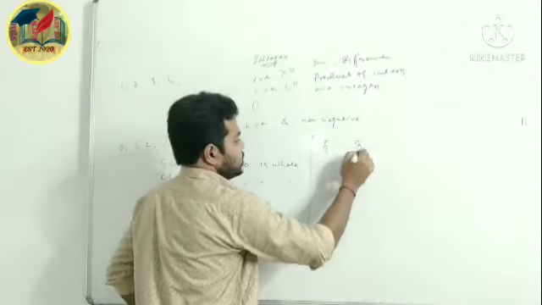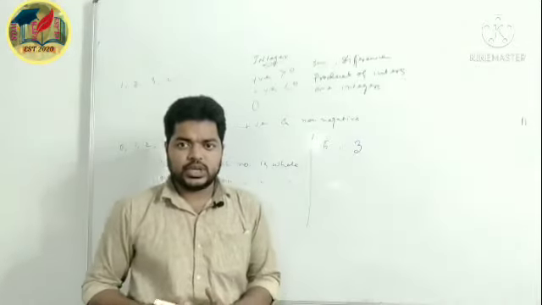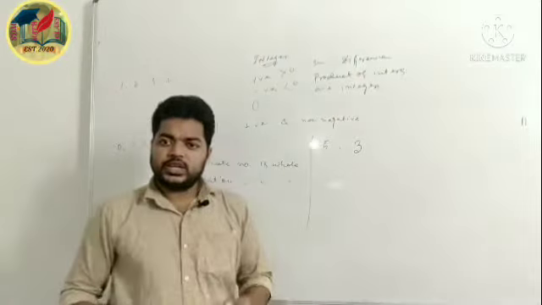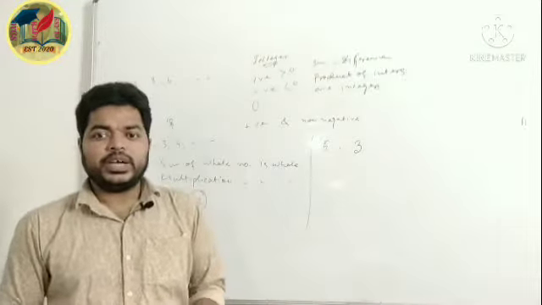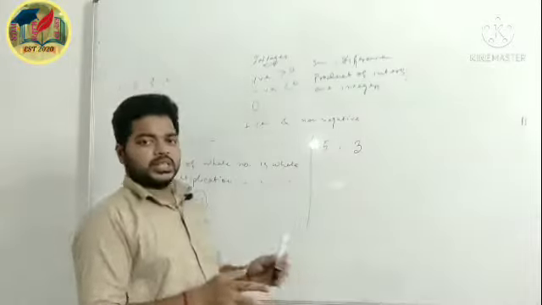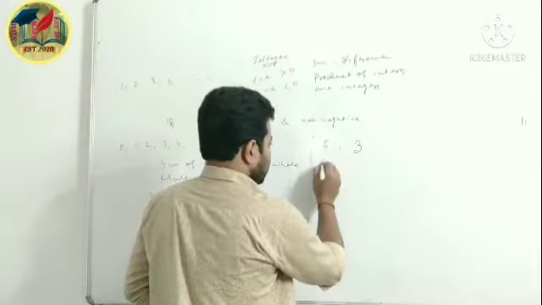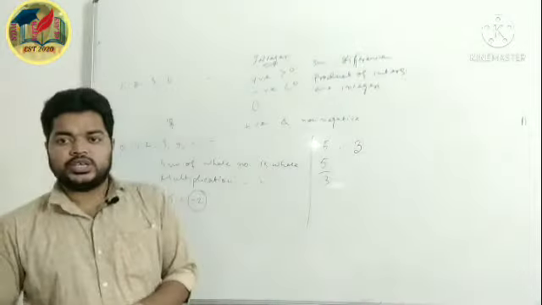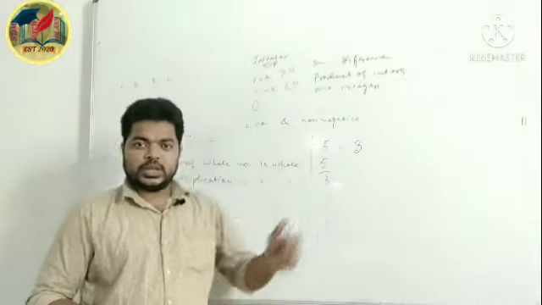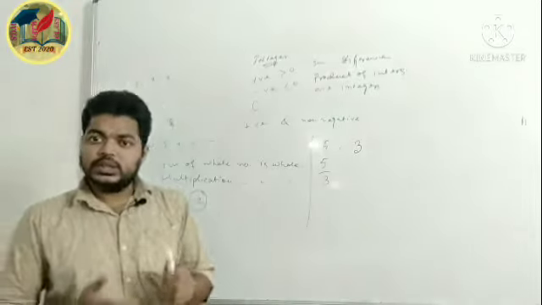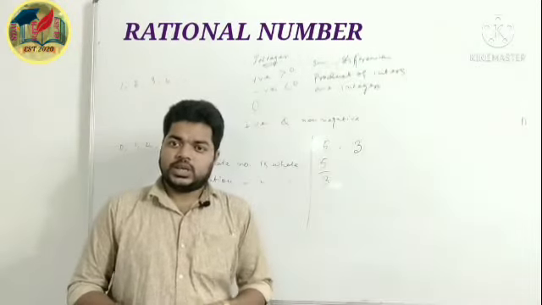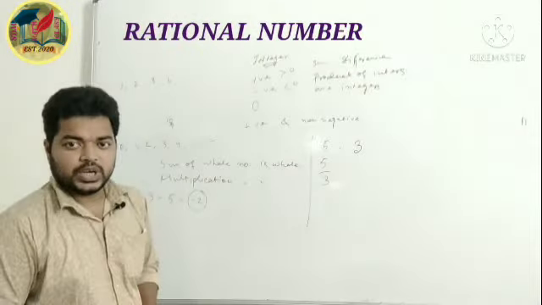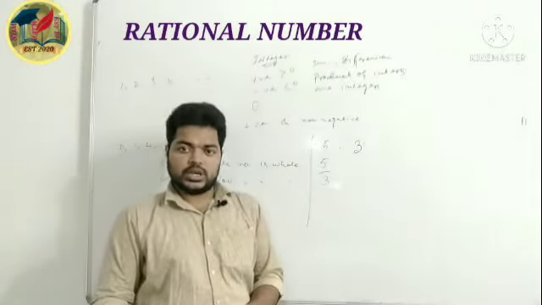If we consider two integers, 5 and 3, and if we want to divide 5 by 3, this can be written as 5 by 3. This is not an integer. So here a new number system occurs. This number system is called rational numbers. Clear? This number system is called rational numbers.